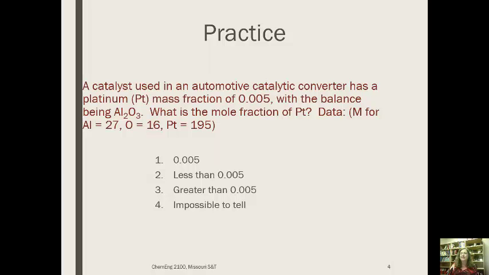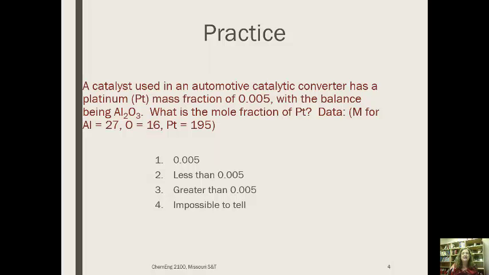And here's the deal. They gave us all the molecular masses of the atoms. So I have aluminum oxide, Al2O3, so 3 times 16 plus 2 times 27, which is going to be 75 plus 6, so maybe 130-ish, just some mental math there. And then the rest of it is platinum, which has a 195 molecular mass.